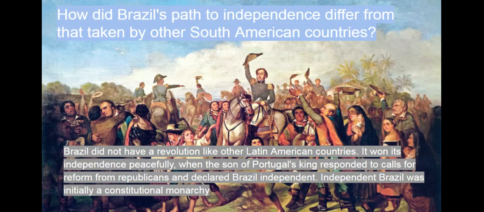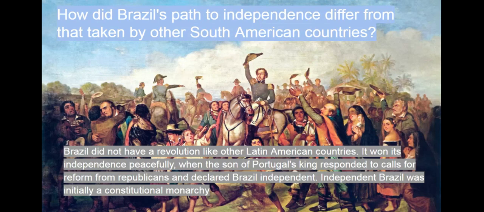So, how did Brazil's path to independence differ from the other countries that had been taken over in South America? So Brazil did not have the same type of revolution. It actually won its independence quite peacefully because the son of Portugal's kings responded to calls for reform from Republicans and declared Brazil as independent.